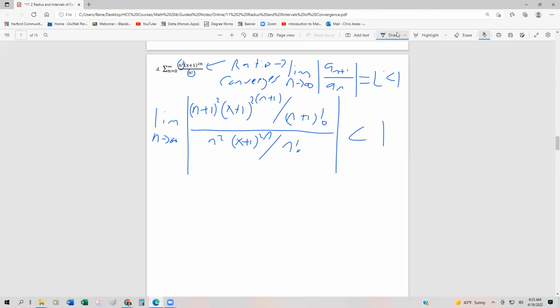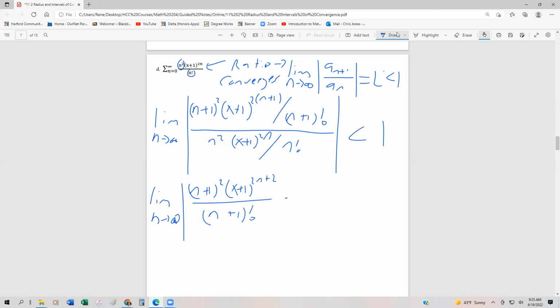Now, remember the trick that we use. We have to multiply by the reciprocal of the denominator, and then we're going to try to group up the like-looking factors. So this is going to be the limit as n approaches infinity of the absolute value of (n plus 1) squared, (x plus 1) to the 2n plus 2, divided by (n plus 1) factorial.